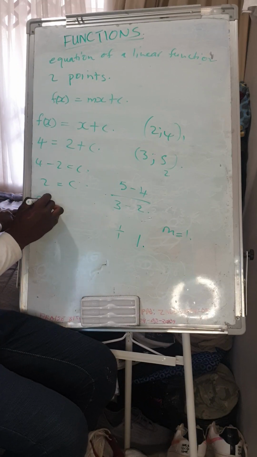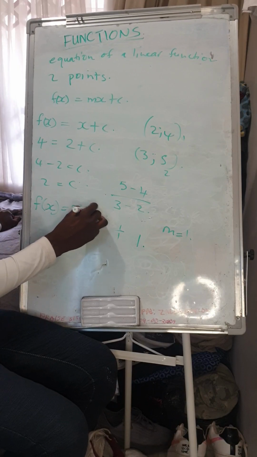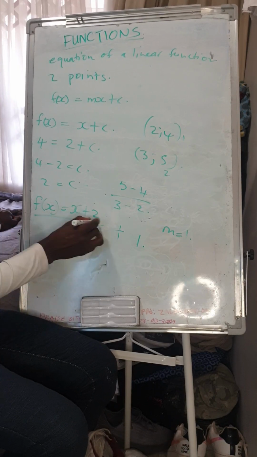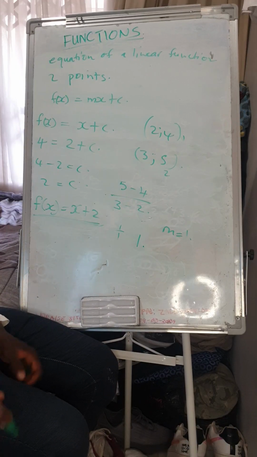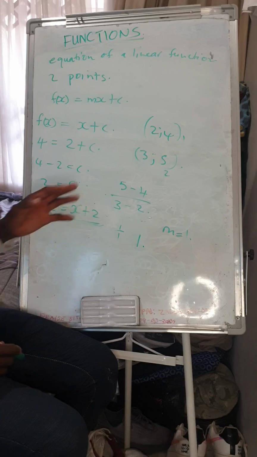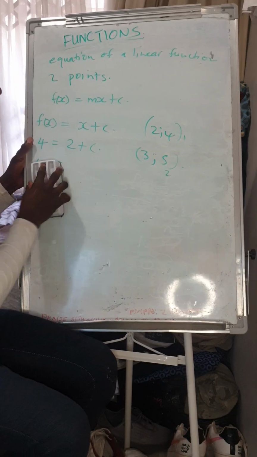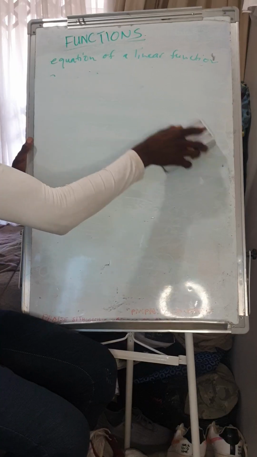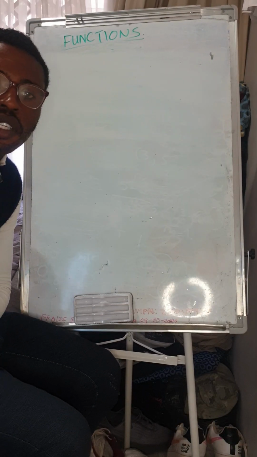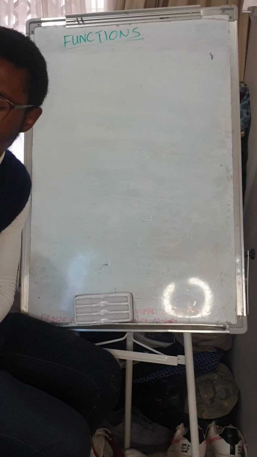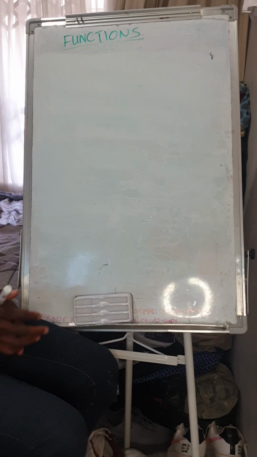Now you know that f of x equals x plus 2. It ends there. That's your equation. If you try plugging in the other point, you'll get the same answer. Try it. Those are two methods of dealing with solving the equation of a linear function. In the next few minutes, let's talk about the parabola.